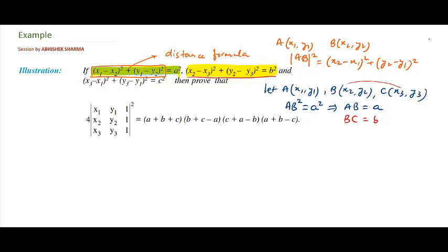So the distance between them is BC. And then the third relation that we get here is the distance AC is equal to c.